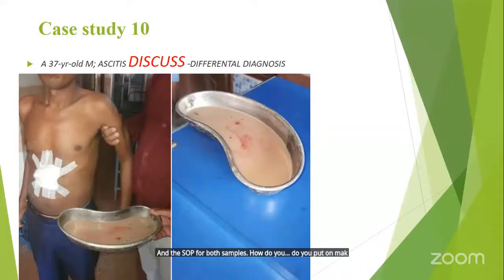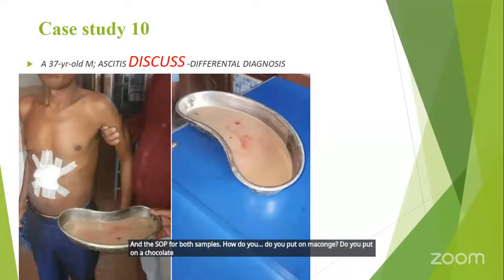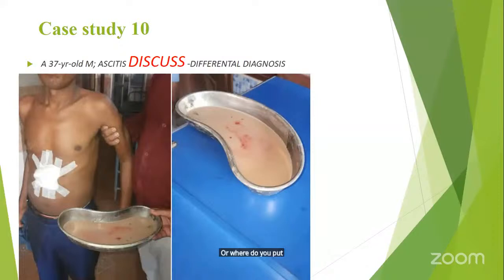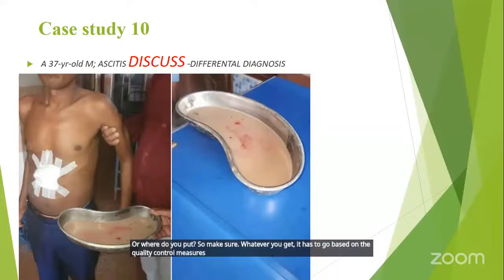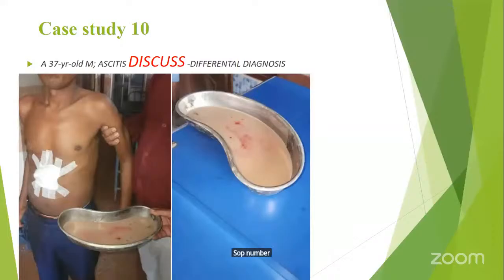Do you put it on chocolate agar? Or where do you put it? So make sure whatever you get, it has to go based on the quality control measures. SOP number one gives you the direction on what to use and for how long you incubate. So I cannot be specific because we don't know where this swab has come from.